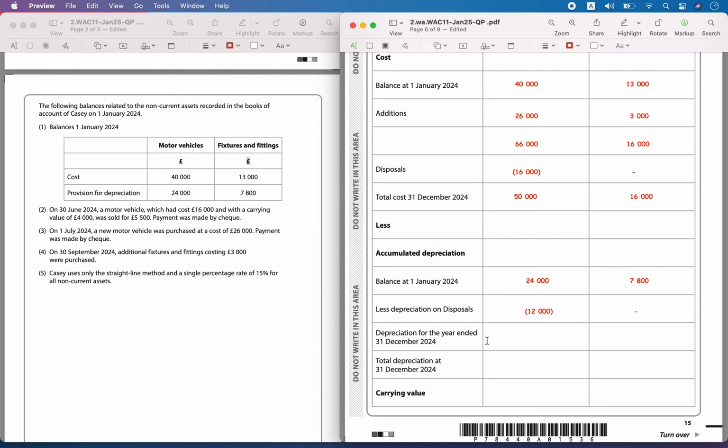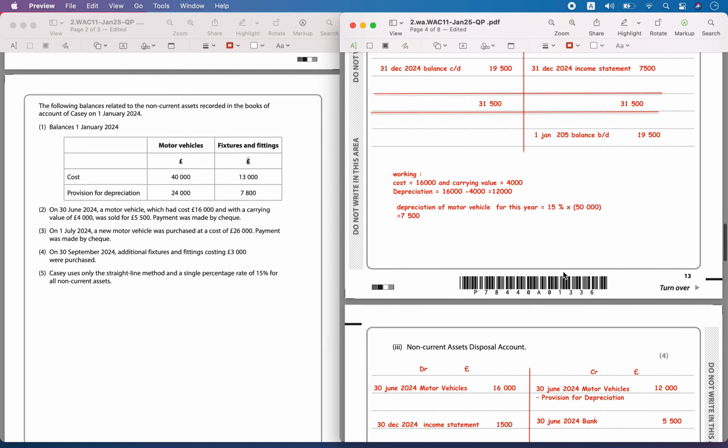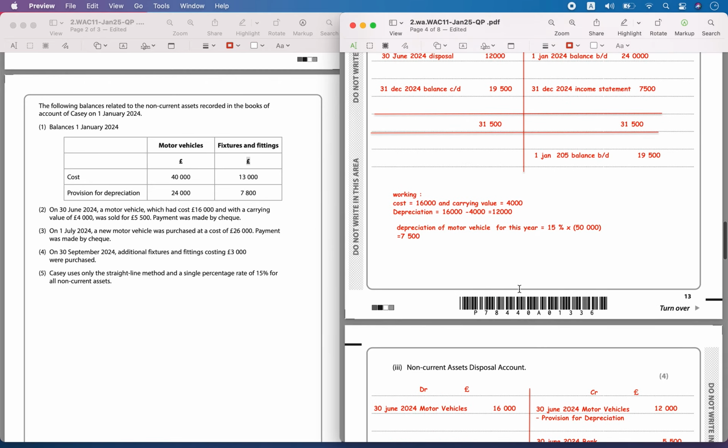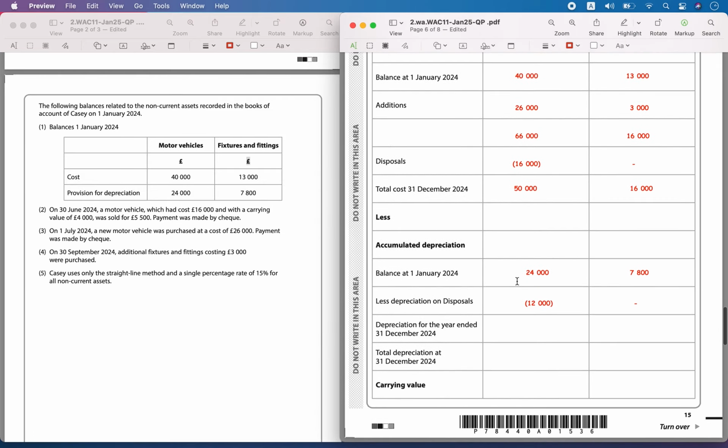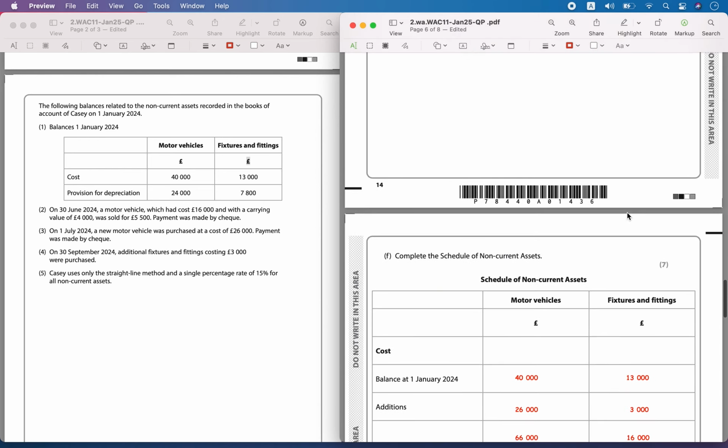Okay. Then you depreciation for the year ended. So this year's depreciation we had already calculated in the previous one. Okay, it was 7,500. So let's write that. So this year's depreciation was 7,500. And for the fixtures and fittings, so let's calculate here.